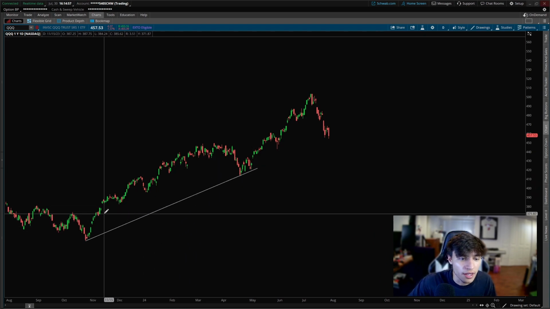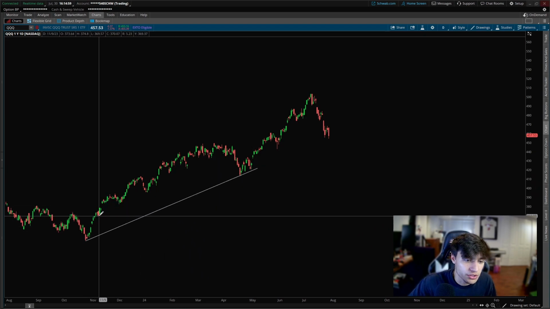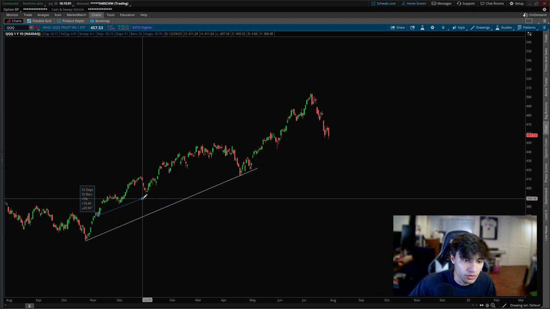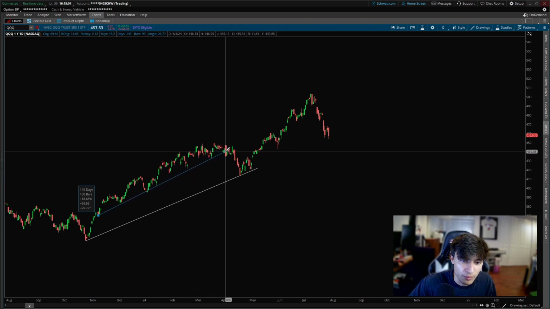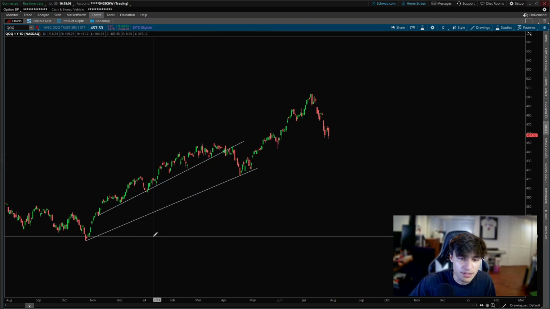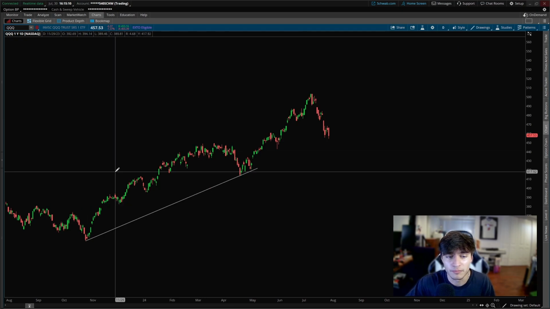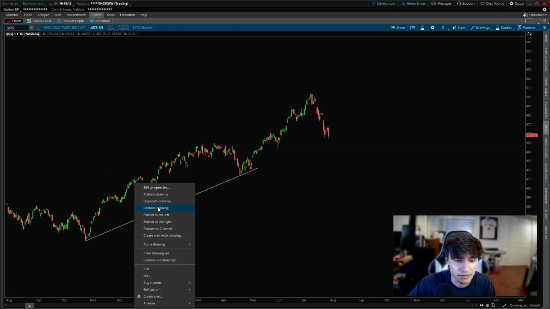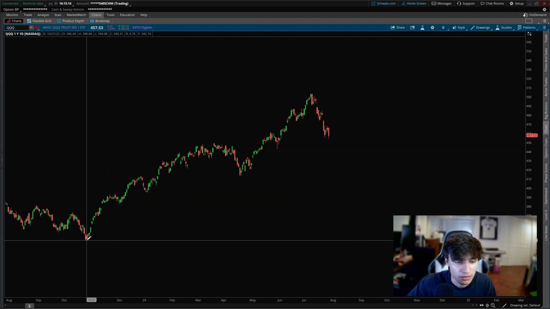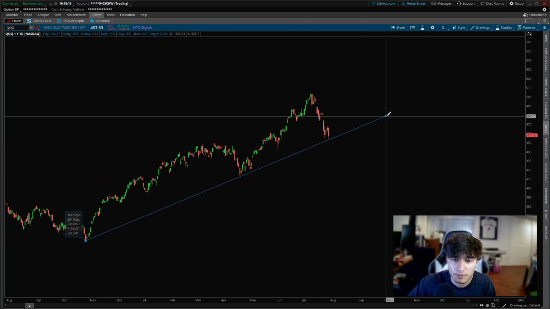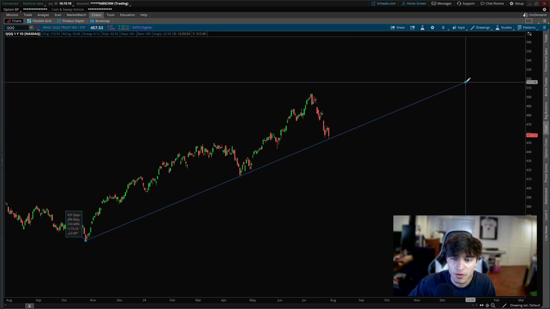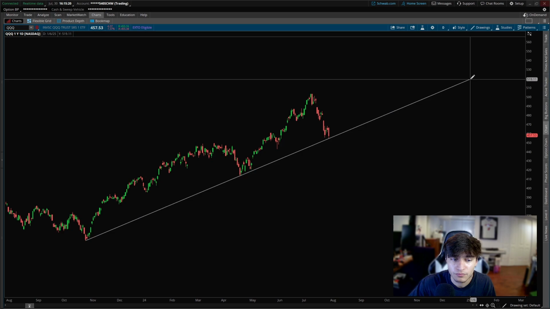And if we were on a smaller time frame, you could probably use this one as another trend line. But that's for a smaller time frame. For this example, we're on the daily, and this would be the trend line for this chart.